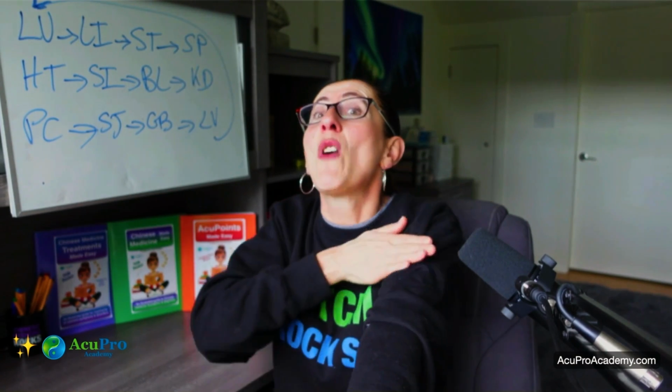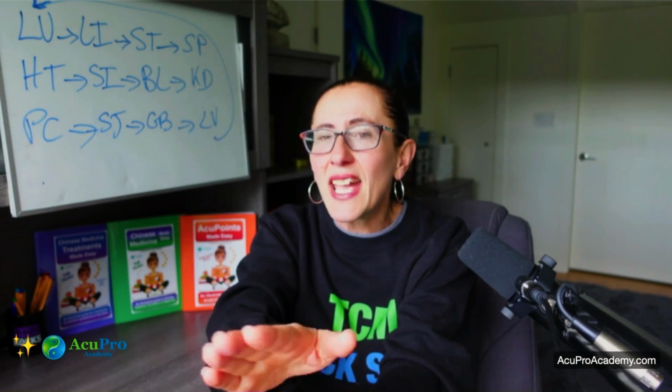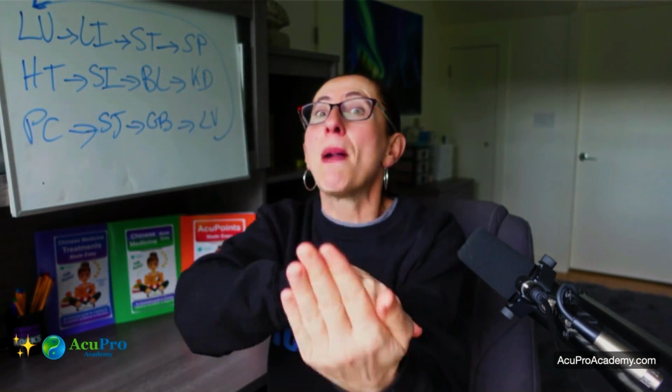Now we look at the fact that we start at the chest with the lung, and we go down. That's the direction of the lung meridian. It goes from the chest down to the hand. From the large intestine, it goes from the hand back up to the head. So remember this: chest down to the hand, hand back up to the head.